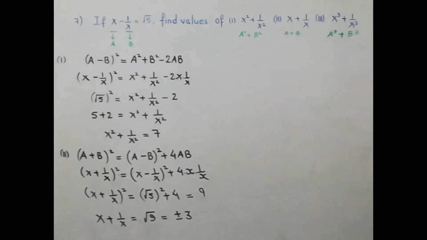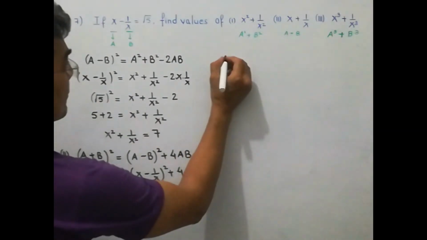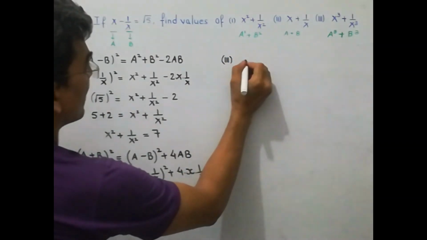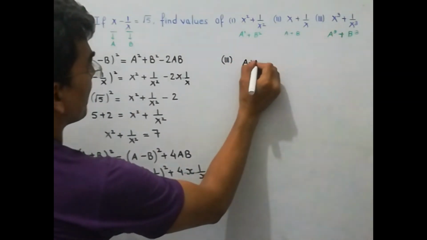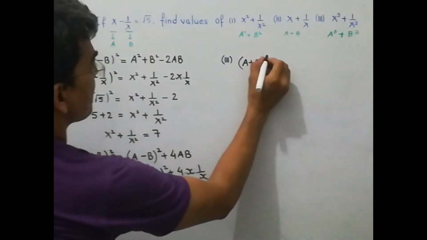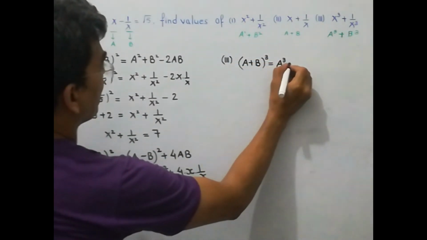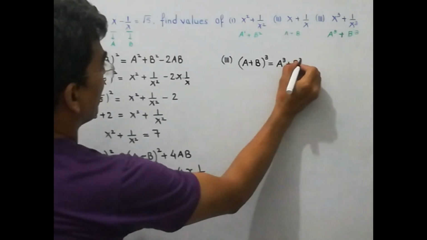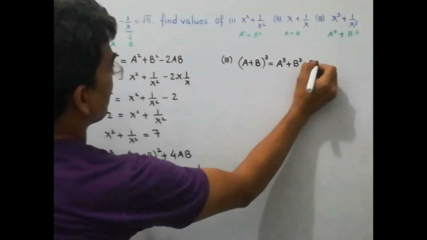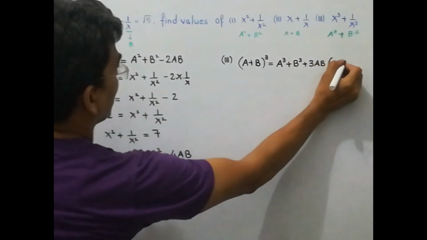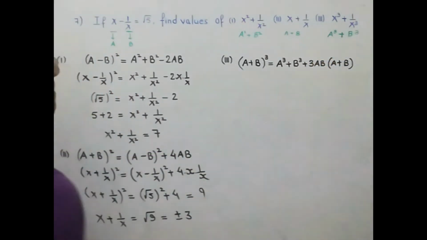But here it is a cube plus b cube. So see, in the third part we are going to apply the formula, this one. This will be the formula that you will be applying on the third part.